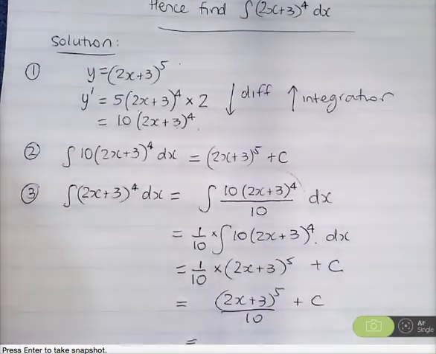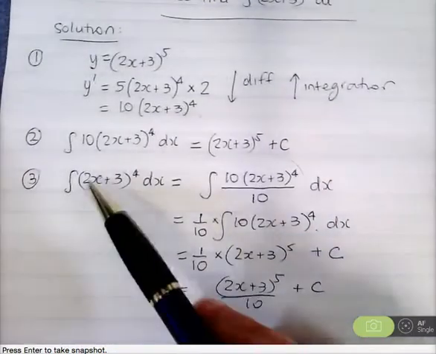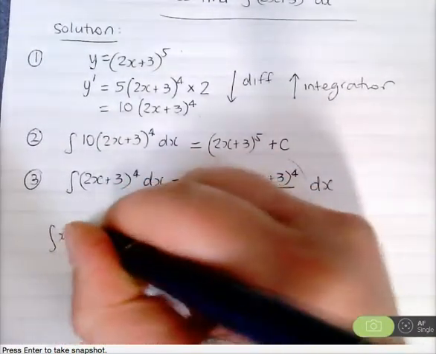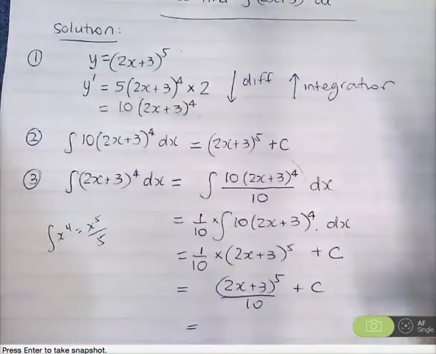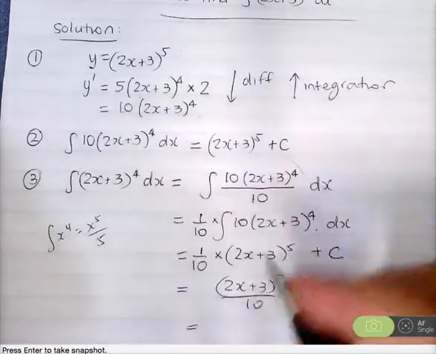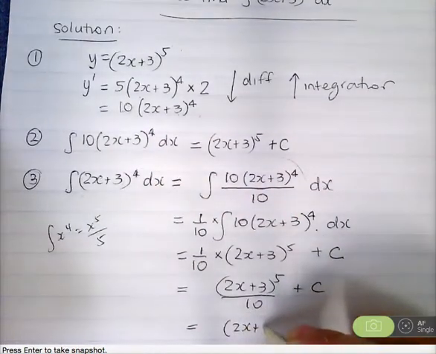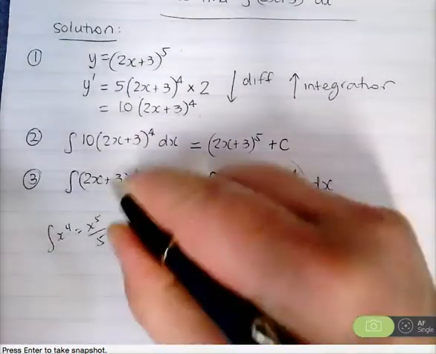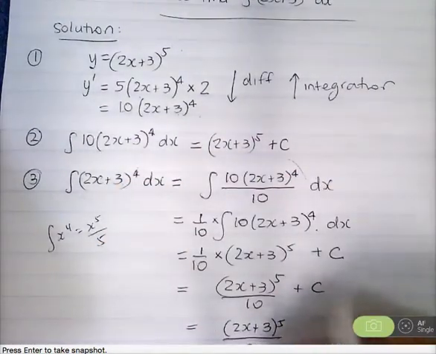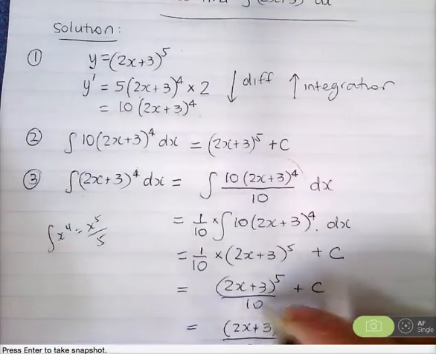Now, we know that when we integrate something like x^4, for example, you get x^5 over 5. So if you integrate this function to the power of 4, you do get that function to the power of 5 over 5. That's what you're expecting to get, but notice we're getting over 10 here in our answer.